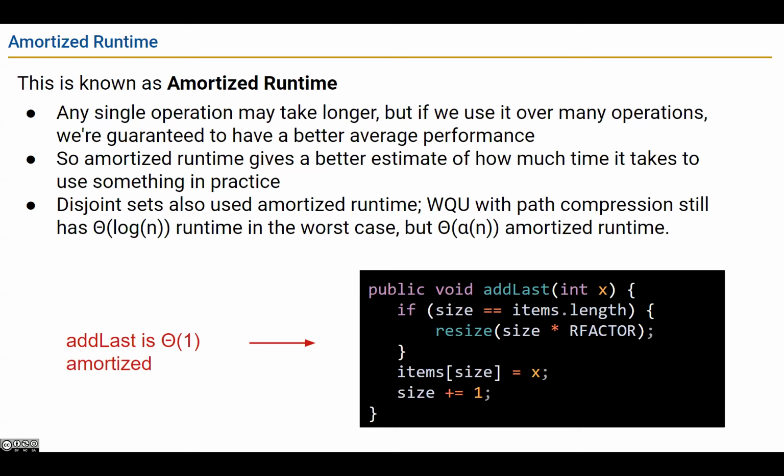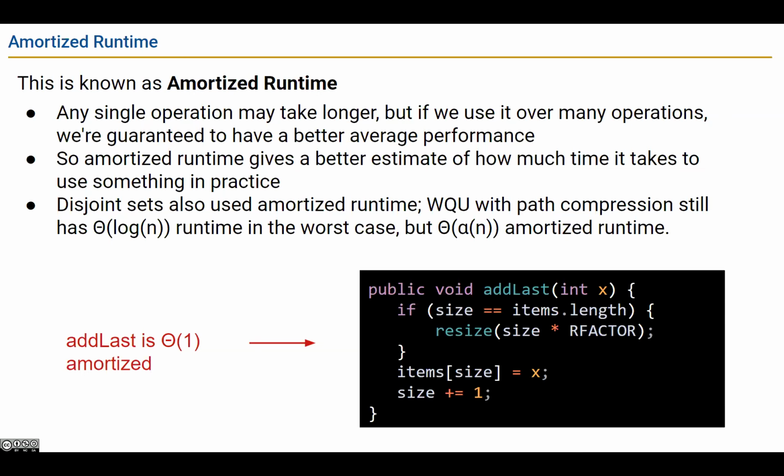And this amortized runtime is actually sometimes more useful than worst case runtime, because any single operation may take longer. But if we use this over a large number of operations, we are going to have a better average performance guaranteed. No matter how we add or remove items, after n operations, we will have theta of n total runtime. So after n operations, we will have on average theta of 1 runtime.